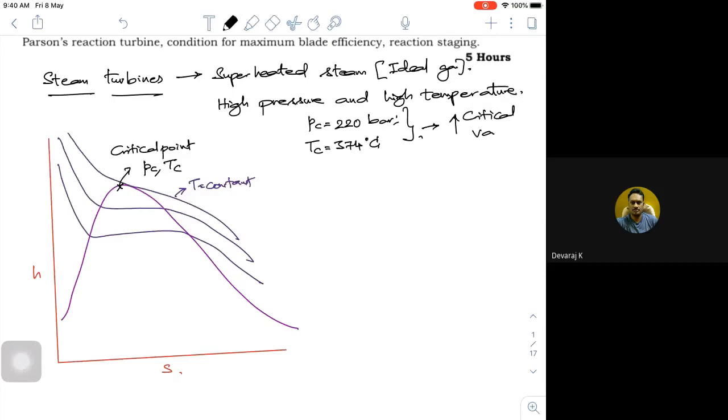So when these steam turbines are operating at very high critical values, safety is very important. And with the expansion of the steam, if there is any small leakage, it may be a disaster.